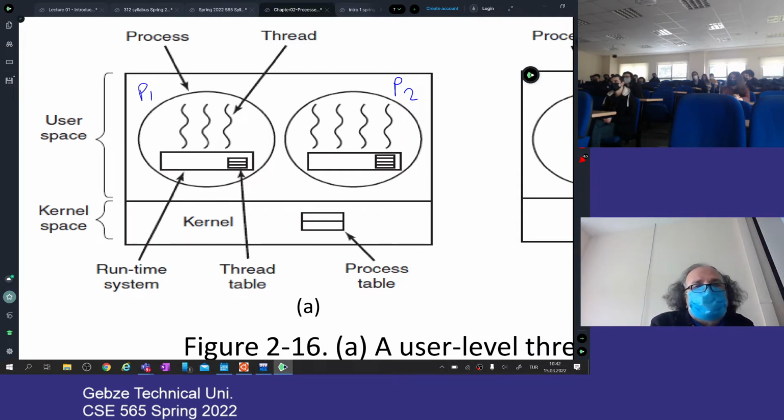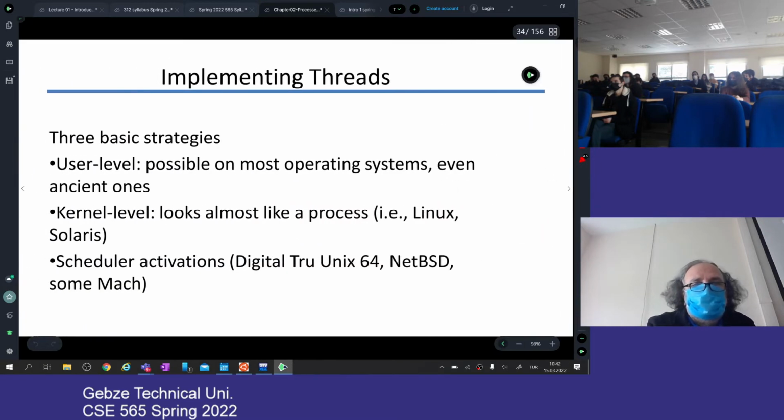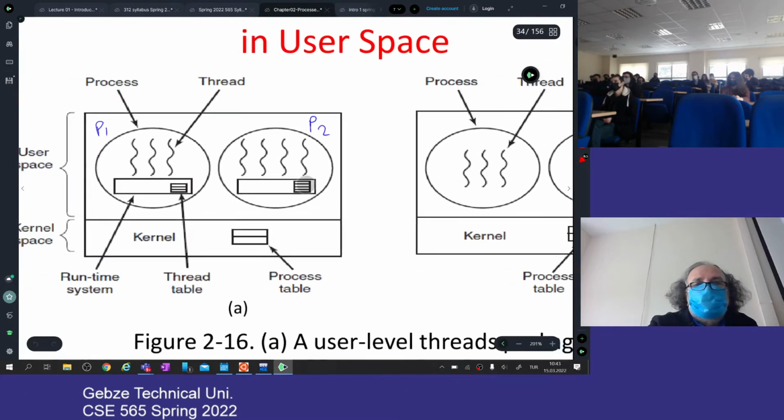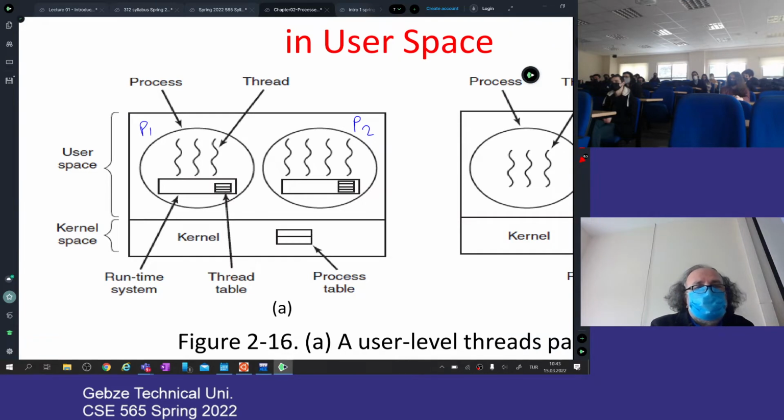So this is called implementation of the threads at the user level. It is possible on most operating systems, even the ancient ones. The operating system doesn't have to support threads, because mine is just a regular program using a specialized library named pthreads, and that's it. That will be the whole thing.